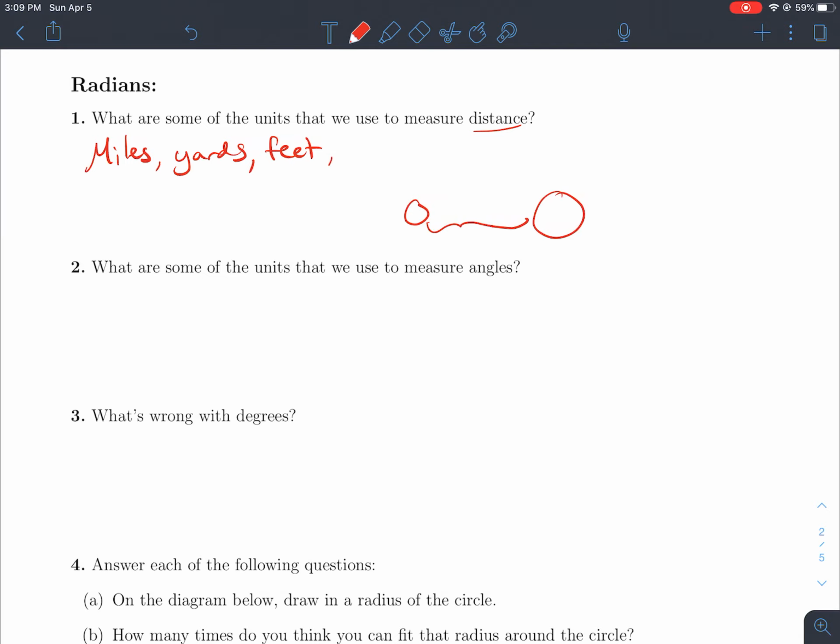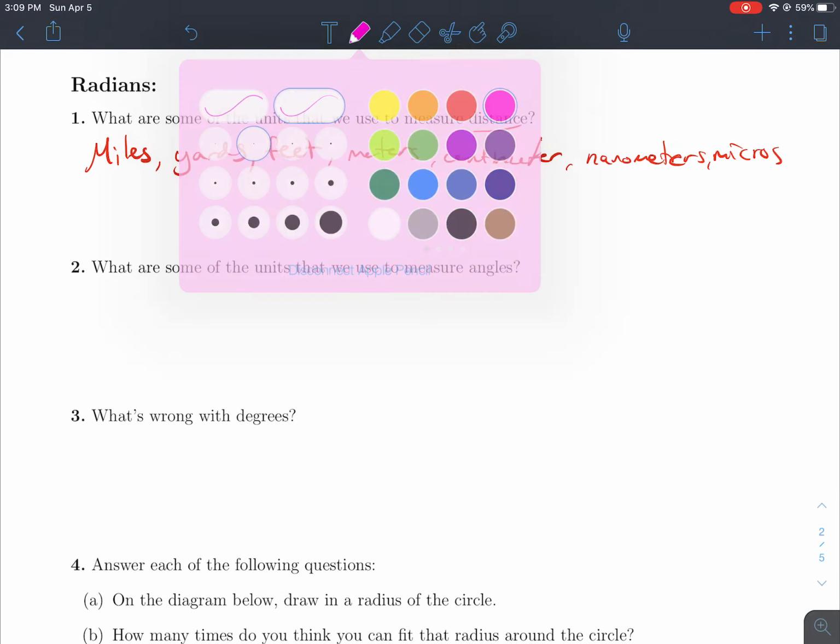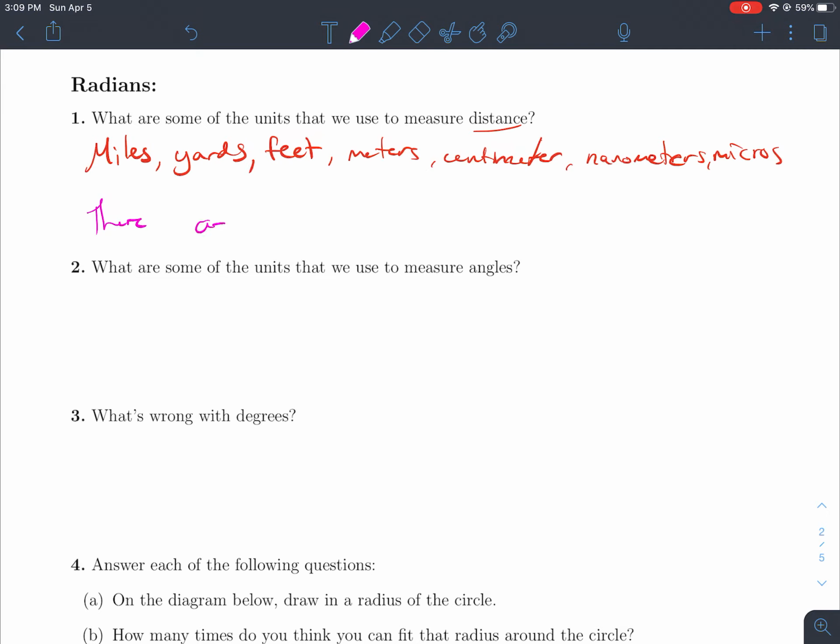Maybe we would use meters or centimeters or nanometers or microns. There's all these different ways of measuring distance depending on the situation. And that's an important observation.